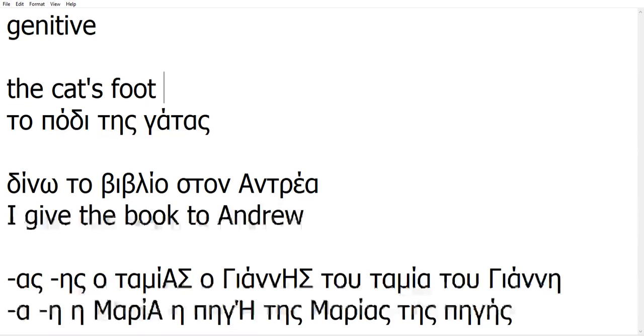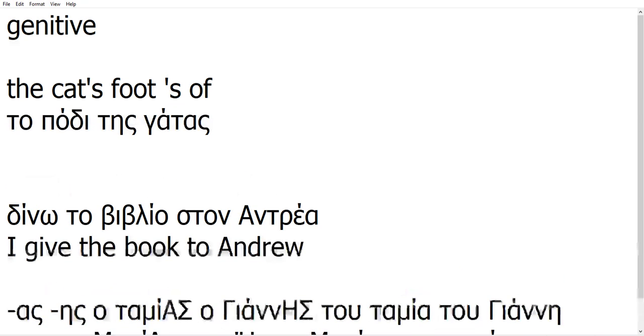In general, when in English you have this or this word, the second one when it means possession, because it doesn't always, it's not always about possession, but when it's a possessive, so when you have these two little signs, let's say, in Greek you will use a genitive.